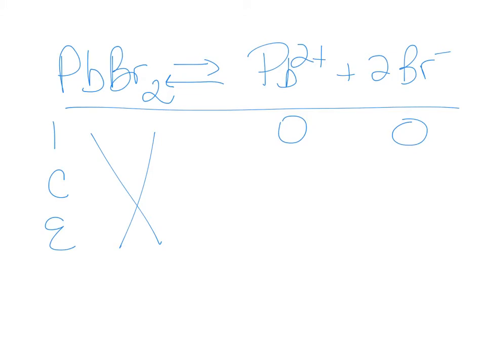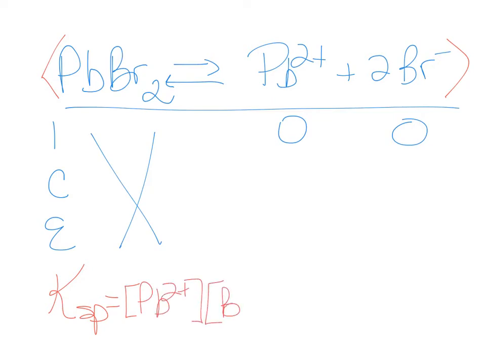Okie doke. So here is the reaction equation for the dissolving of lead(II) bromide. I've started to set up the ice table. I'm going to write the KSP expression down here, and I'm going to be sure that I include any exponents that I'm supposed to. There's a 2 here.